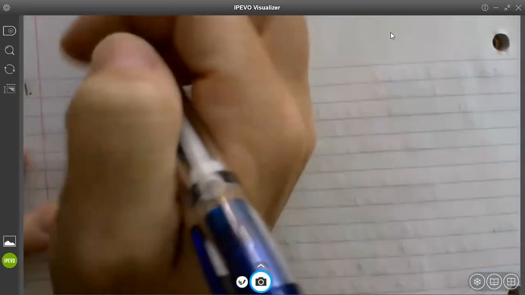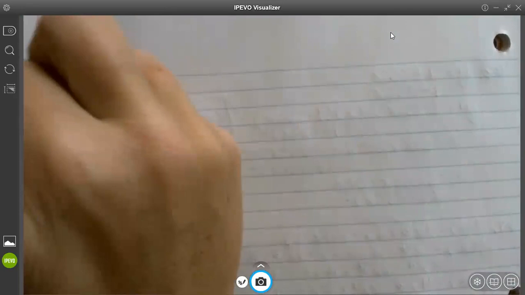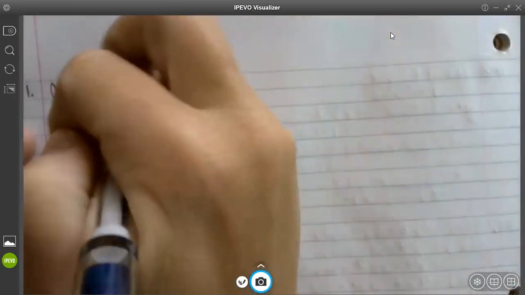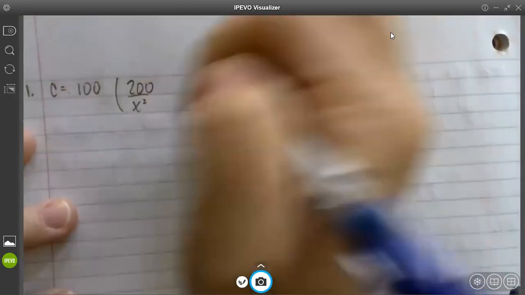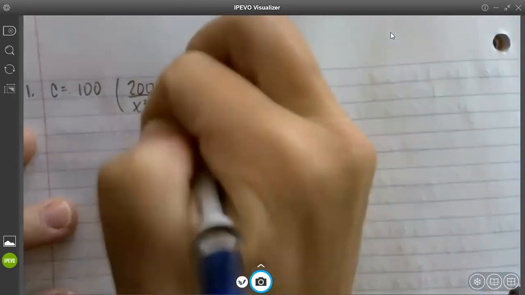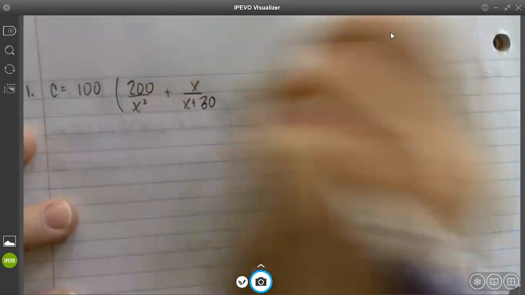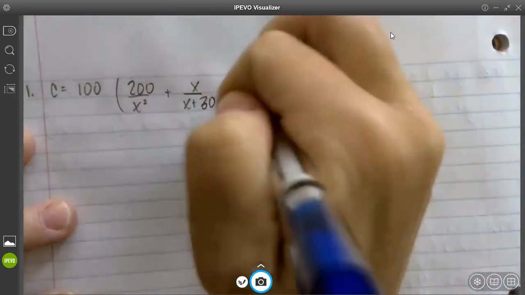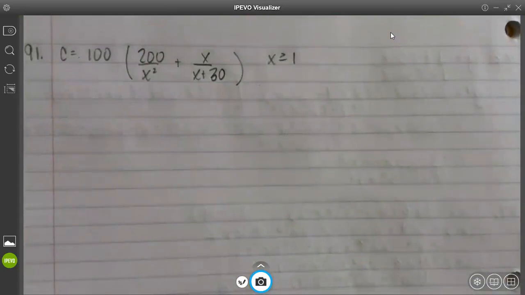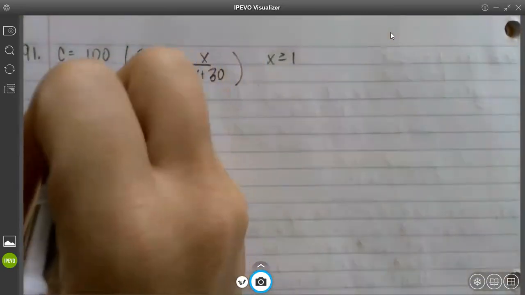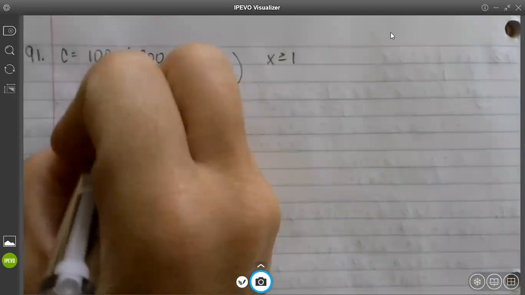All right, 91 was C equals 100 times 200 over x squared plus x over x plus 30, x greater than or equal to 1. I went ahead and distributed my 100.